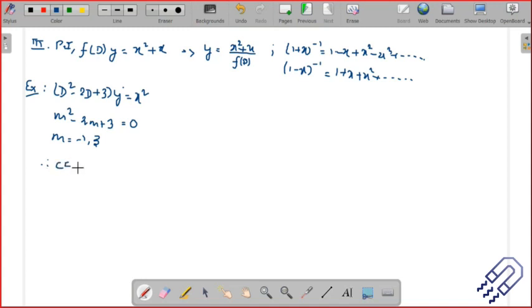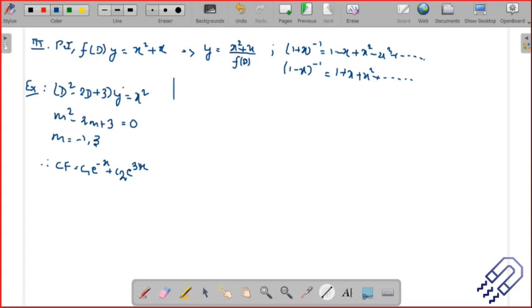Therefore the complementary function would be c1 e to the power minus x plus c2 e to the power 3x, right? And now we are going to find the particular integral.